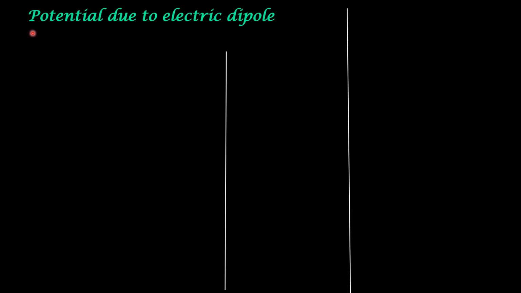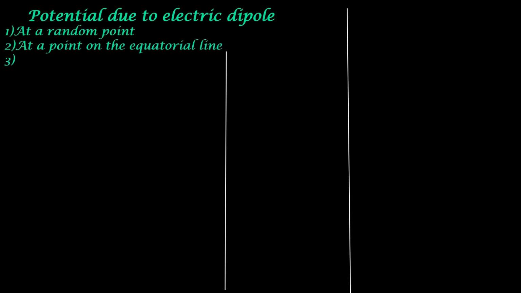We have to derive an equation for calculating potential due to electric dipole. Under this topic, we have to make 4 derivations. First one, potential at a random point, that is at any point. Second one, at a point on the equatorial line.